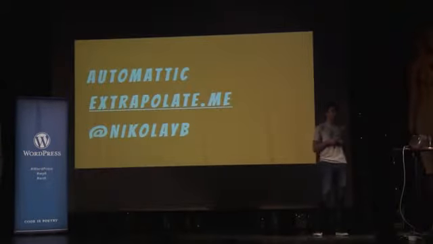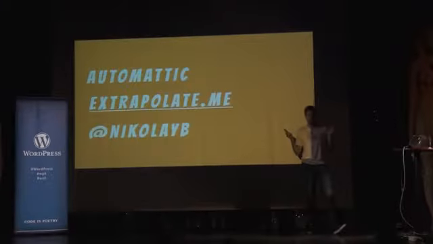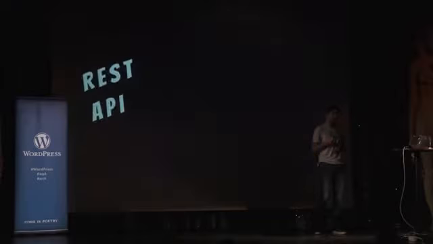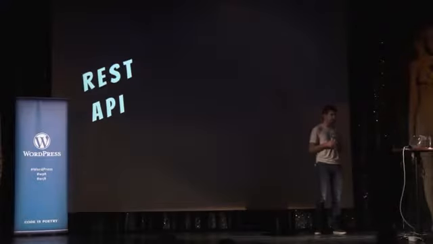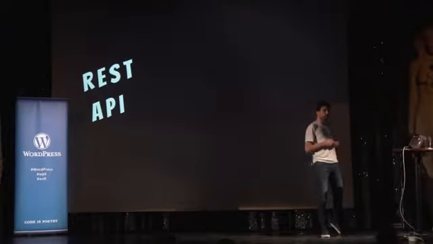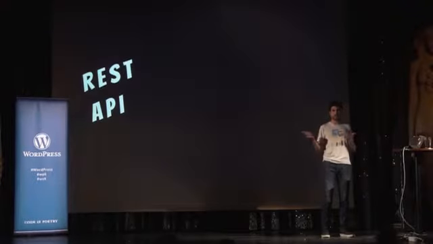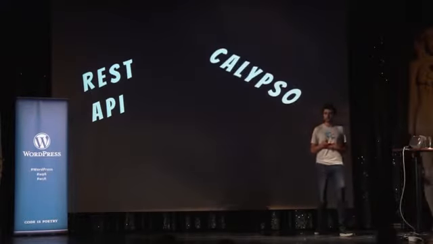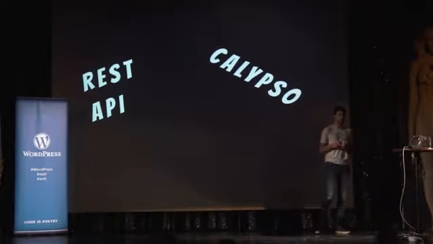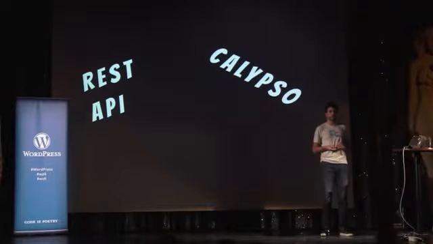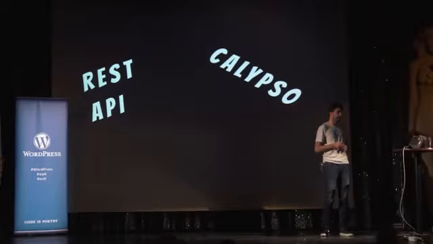As a lot of you might have already heard, there is a huge buzz around the forthcoming REST API in WordPress, and there are many projects using a REST API in one way or another, like Calypso, or many other people are already building stuff with the REST API.